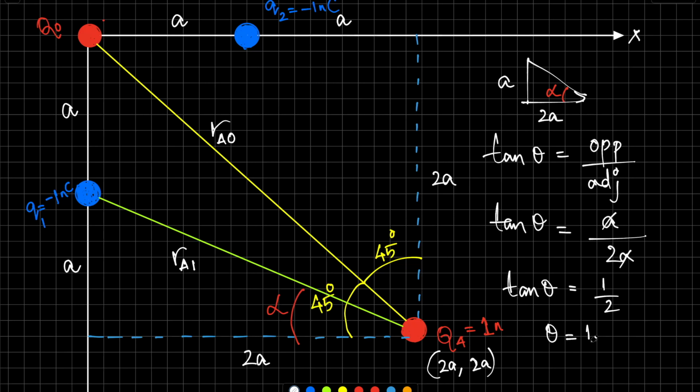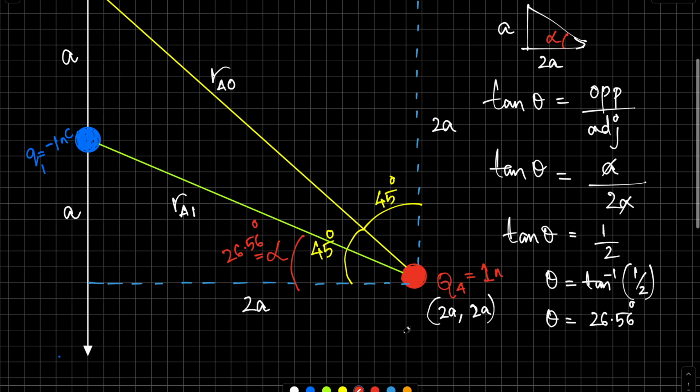Alpha equals tan inverse 1 by 2. Use your calculator to solve this. You'll get alpha equals 26.56 degrees.